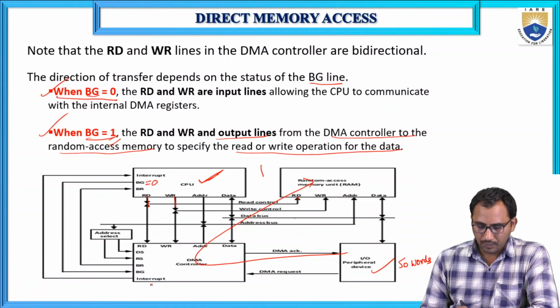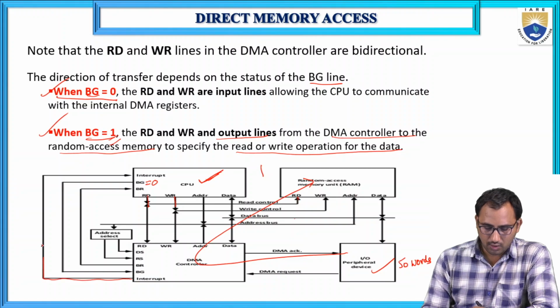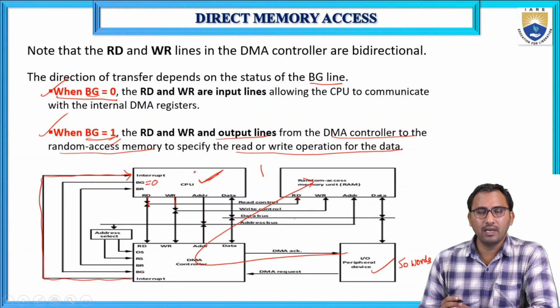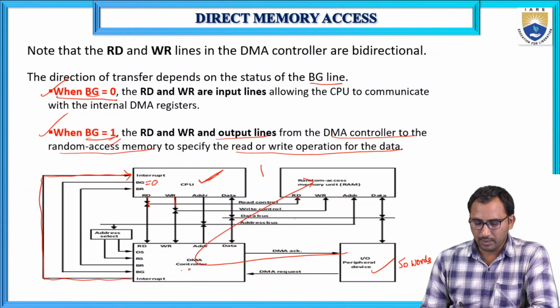the DMA controller will send an interrupt signal to the CPU, so that the CPU will take control of all the buses. Now the CPU will execute its main program, and after that, the DMA controller will again take control of all the buses. Now the IO device will transfer another word, the second word. Next the third word, fourth word.